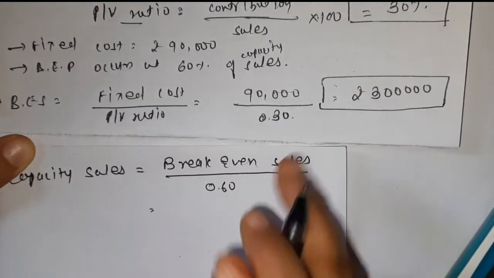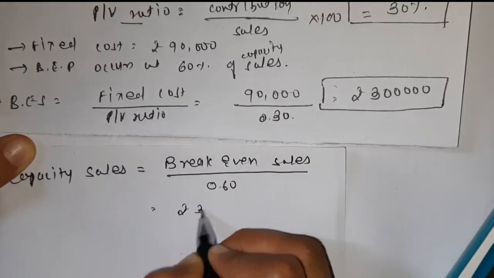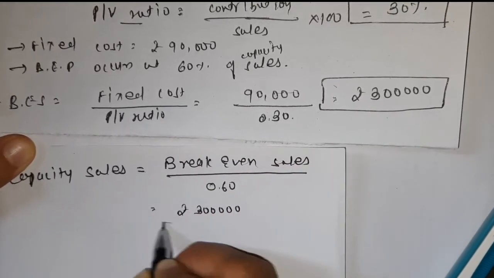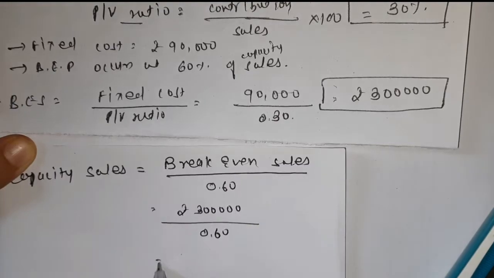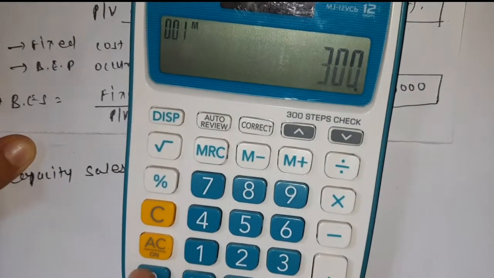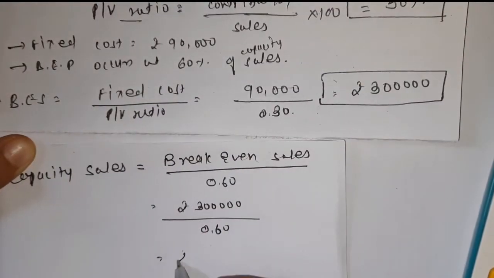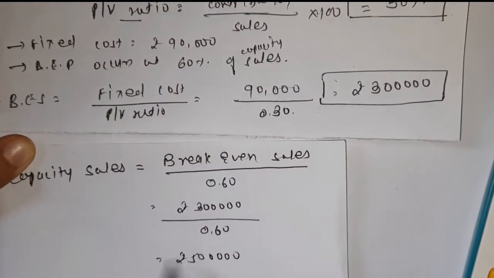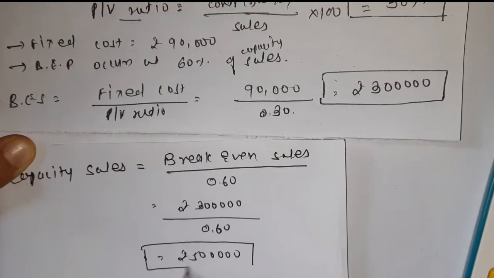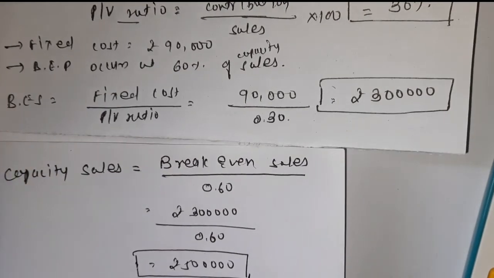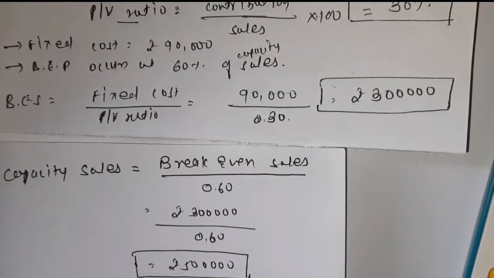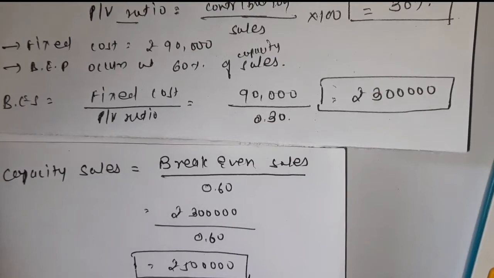How much break-even sales we already find? It is rupees 3 lakh divided by 0.60. So 3 lakh divided by 0.60, we got 5 lakh. So 5 lakh is our capacity sales. Okay. Here we complete our first part.